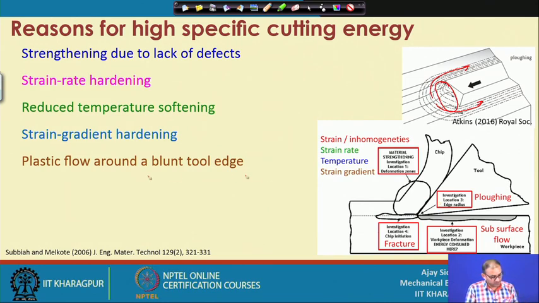Because of that, this plastic flow creates a large amount of force when you cut the material. We know that if forces increase and your uncut chip thickness continuously decreases, then your specific cutting energy increases, depending on that earlier equation. We consider our tool to be blunt, because at the micro level there is always a cutting edge radius which plays an important role in the cutting operation.